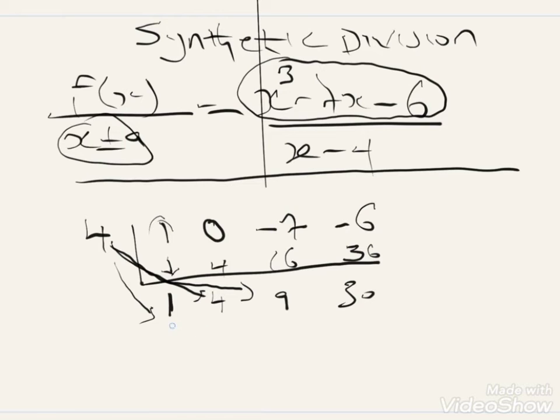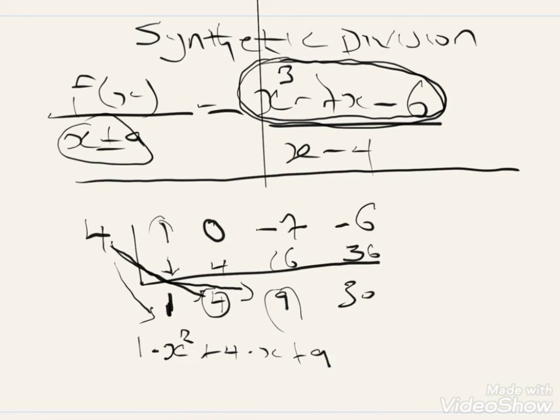Do you see? Just write in standard form. Mind you, the first term of the original polynomial is x cubed, okay? But after the synthetic division, what we have remaining here is the first term, 1, which will be multiplied by the quadratic term, 1 times x squared, plus this 4 multiplying the linear term, 4 times x, plus the constant 9.